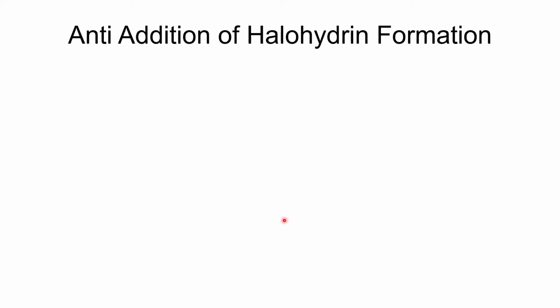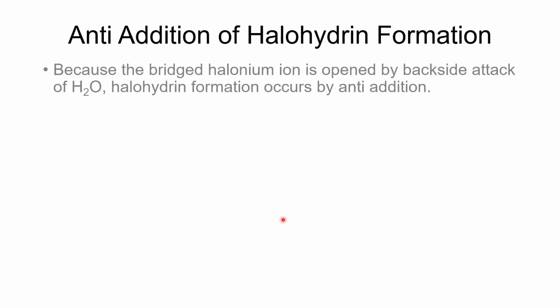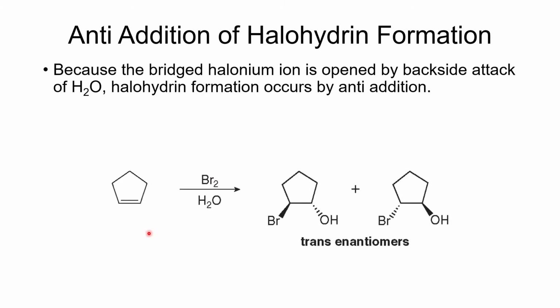As far as the halohydrin formation, like halogenation, it does anti-addition because we form a bridged halonium ion, and then water comes in as the nucleophile, the backside attack, SN2 reaction, and we get halohydrin formation in anti-addition.